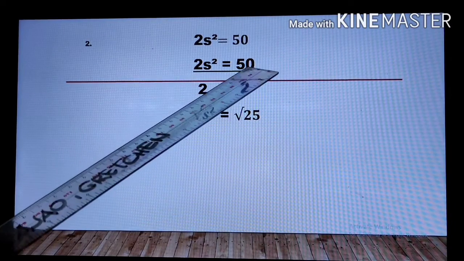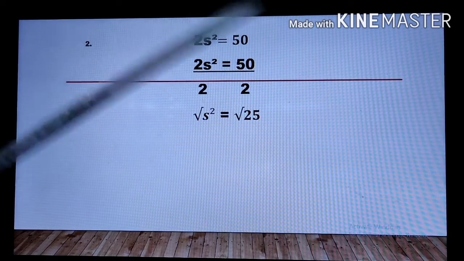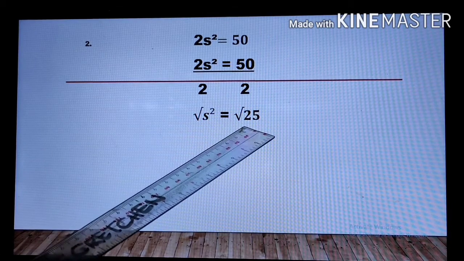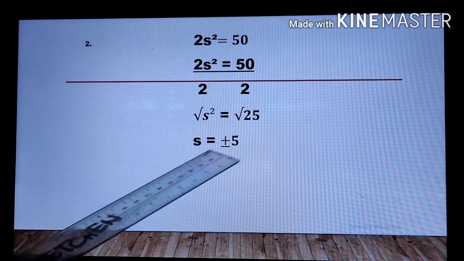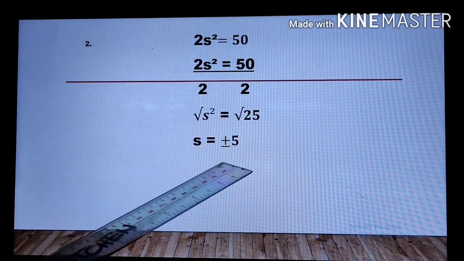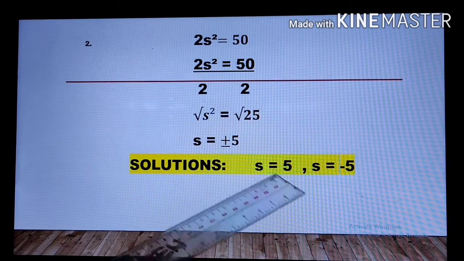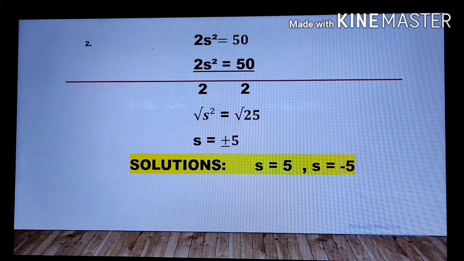So, s squared na lang. Then, 50 divided by 2 is 25. Then, we are going to extract the roots of both sides. So, square root of s squared is equal to square root of 25. Then, square root of s squared is s equals square root of 25, which is 5. So, plus or minus 5. Therefore, the solutions are s is equal to 5 and s is equal to negative 5.